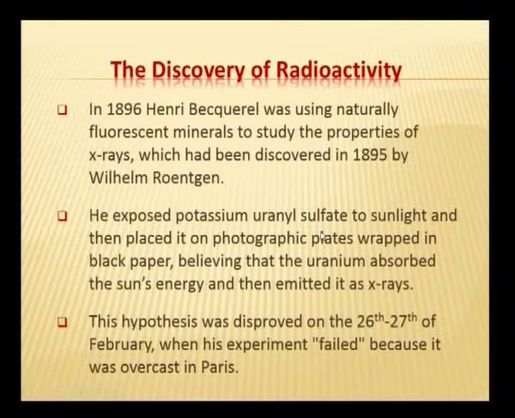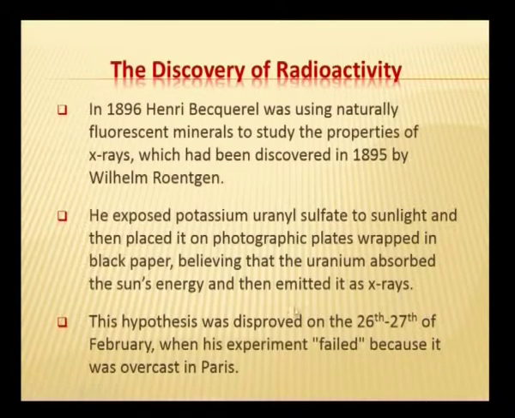He exposed potassium uranyl sulfate, the uranium sulfates, to sunlight, and then placed it on photographic plates wrapped in black paper, believing that the uranium absorbed the sun's energy and then emitted it as X-rays.